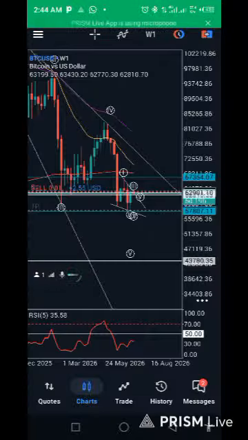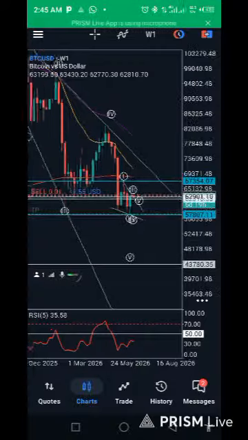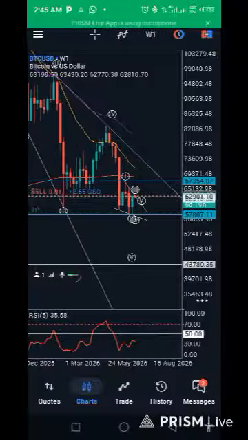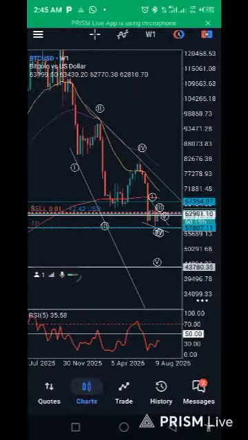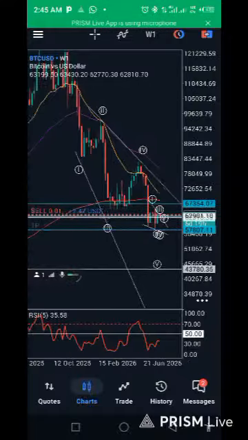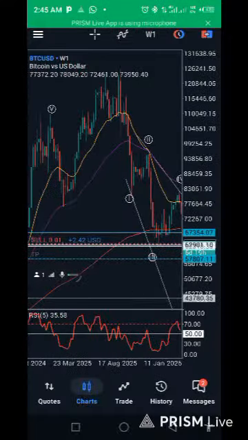This time around, it's going to go beyond $130,000. So get ready to buy very soon after the end of this corrective wave. It's called a corrective wave. This is a correction.